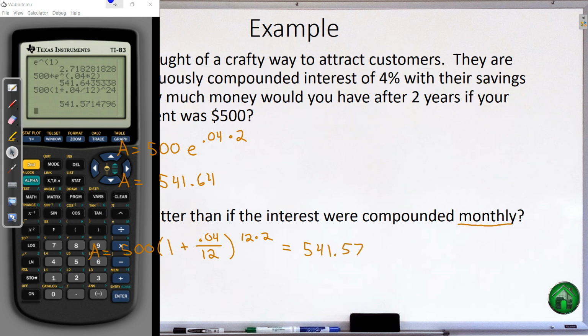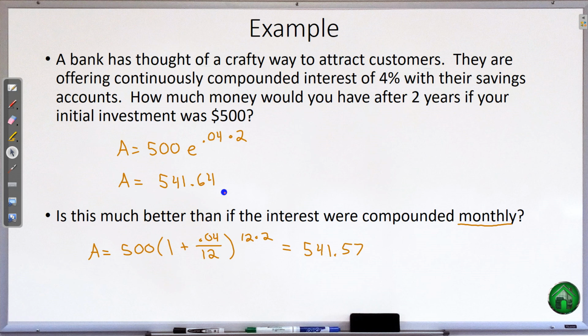So you can see that is almost no difference at all. Yes, this is a few cents more, 7 cents, but almost nothing. So that is not actually a very good way to attract customers if they know what they're talking about, because there's almost no difference between compounding monthly and compounding continuously with that problem.